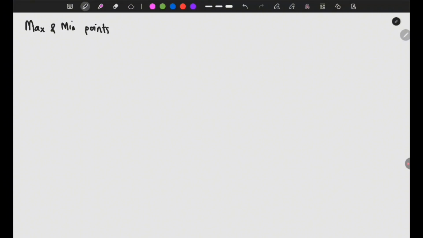So let's just say I have a curve like this. You have to know this is a smiley face, so your a will be positive, or we also say a is more than 0.